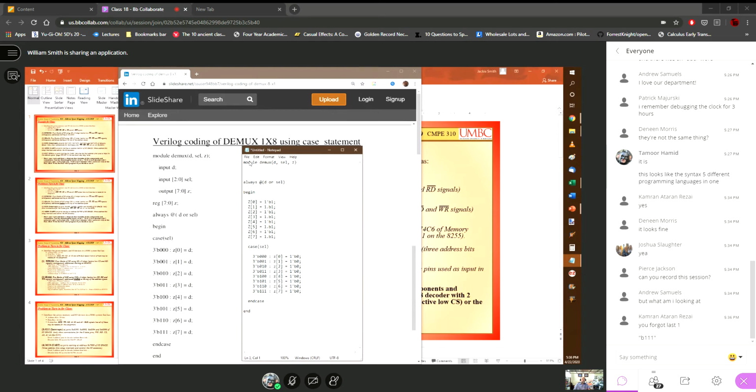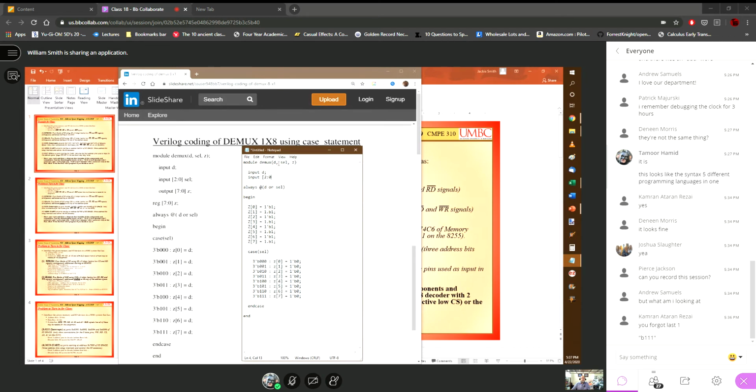And then we're going to tell them input d semicolon, input 2:0. Actually, we don't have d. We don't even need an input d at this point. So we're not even looking at d at this stage because we want it to decode a solid value.